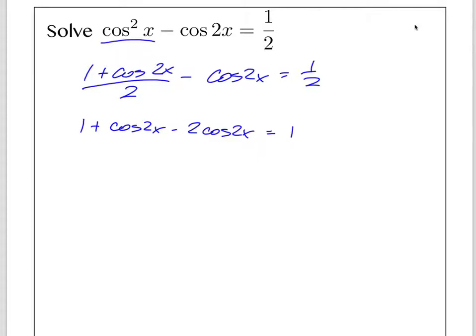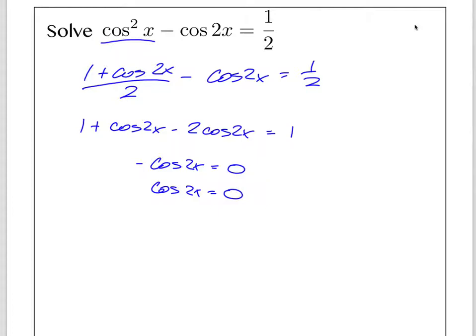All right, what's going to happen to my 1s? They're going to cancel. What do I get when I put my cosines together? Negative cosine of 2x equals 0, which means cosine of 2x equals 0.